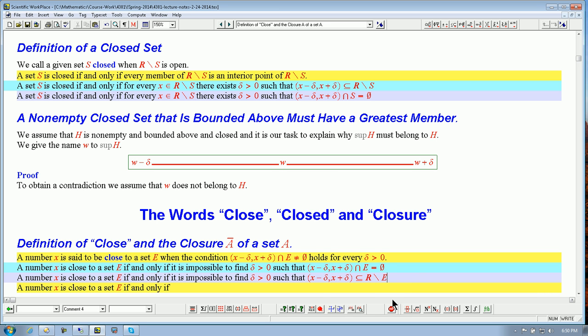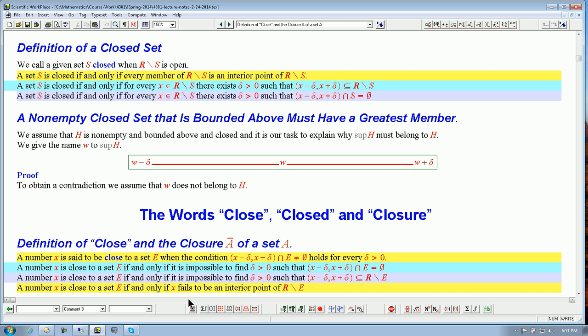There exists delta greater than 0 such that the interval is included in E. And when I'm saying it does not exist, then I'm saying that x is not an interior point of E, if and only if x fails to be an interior point of the complement of E.